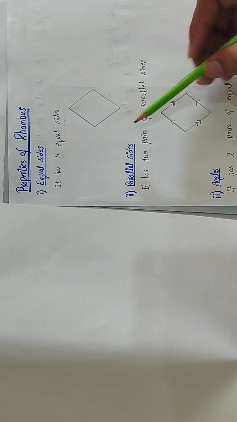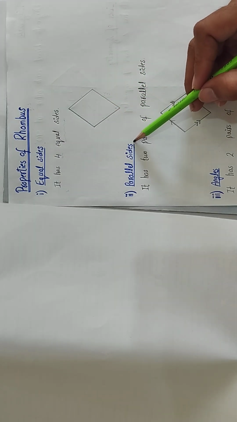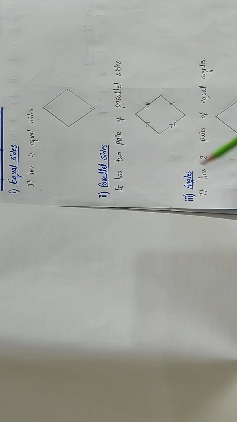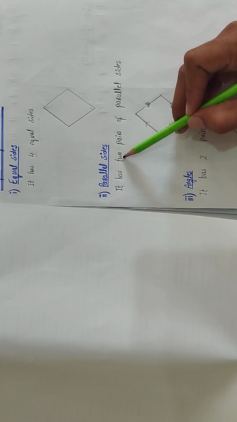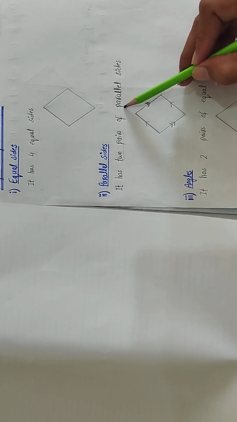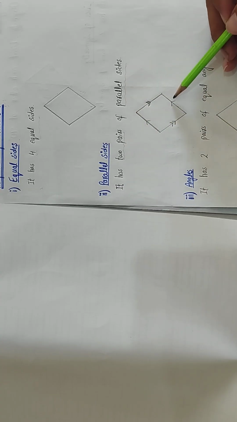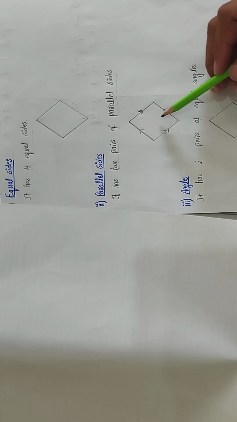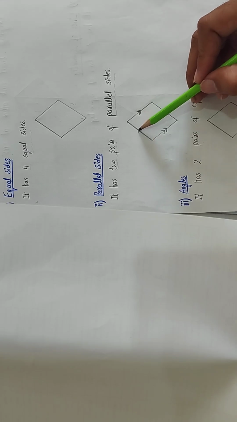Now let's see how many pairs of parallel sides a rhombus has. It has 2 pairs of parallel sides. Now let's see where these 2 pairs are. This side and this side.